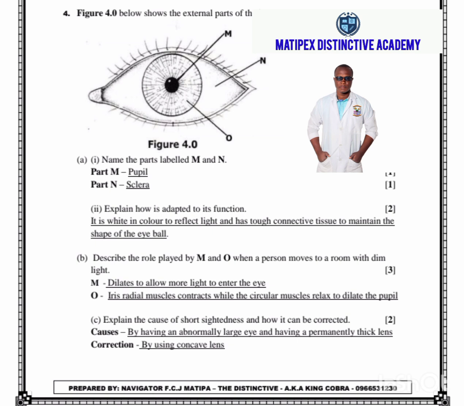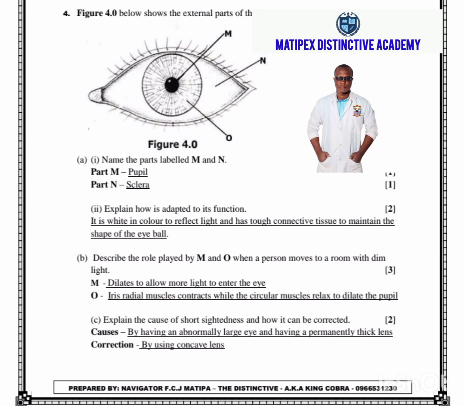Okay, question C. Explain the cause of short-sightedness and how it can be controlled. So short sight is also called myopia.